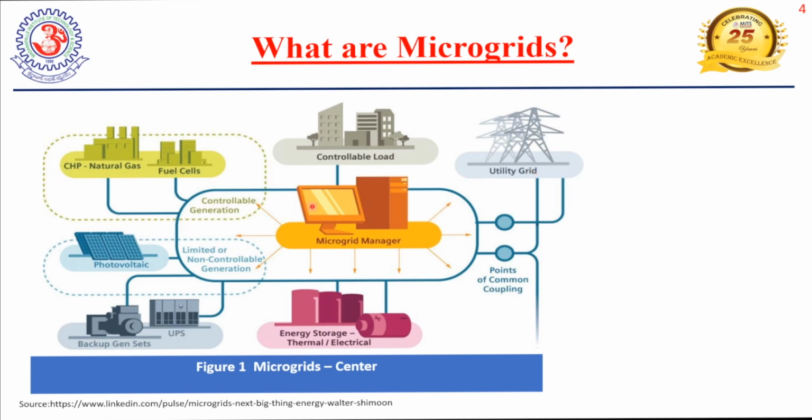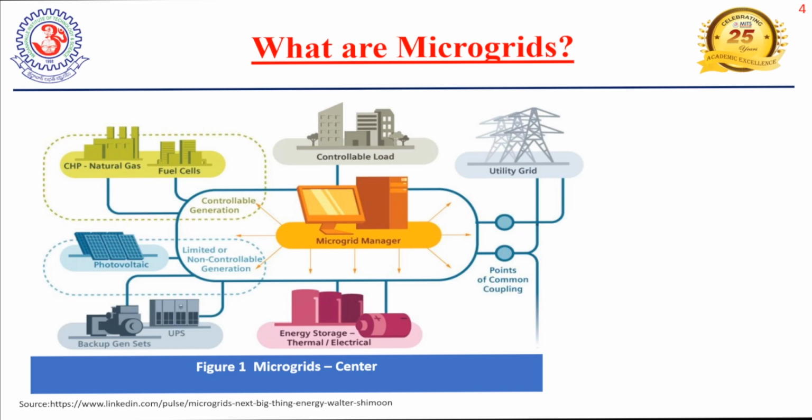So this is a combined system. In the microgrid we also require a backup storage system, that means a battery system, and also one important device, the controllable loads. According to how much load there is, we have to generate power and send it to the loads. So when all these components are present together, such a system is known as a microgrid.